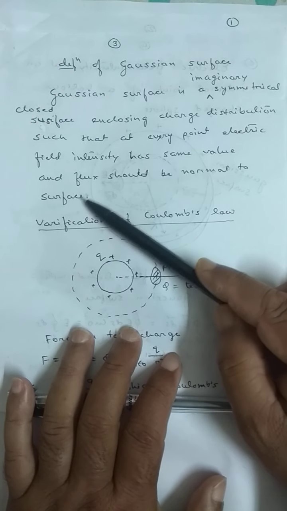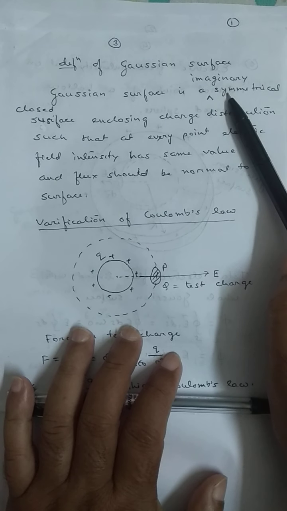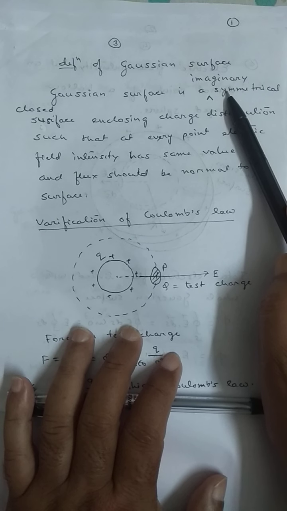Why symmetrical? We take the closed surface symmetrically so that the flux calculation becomes easier.